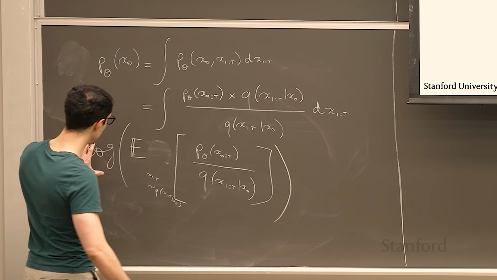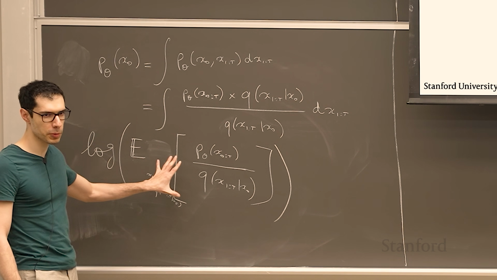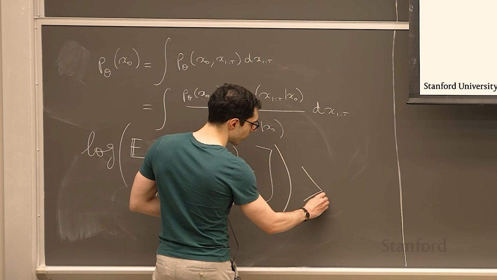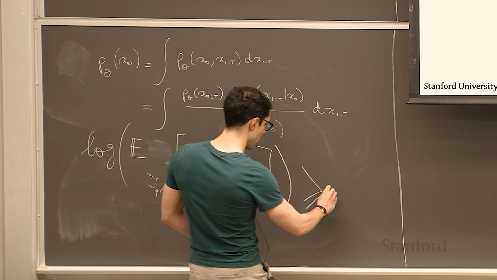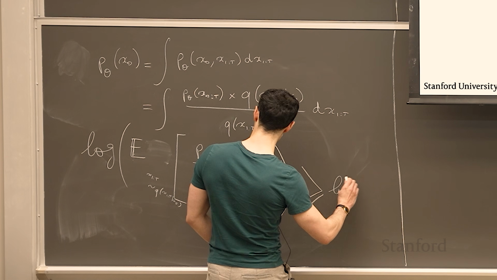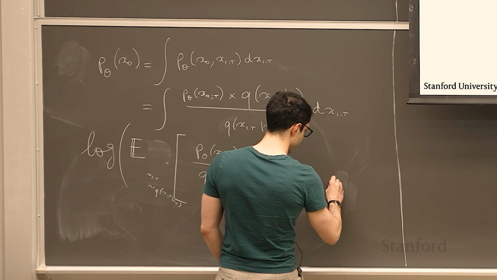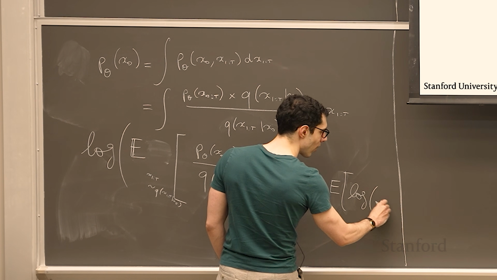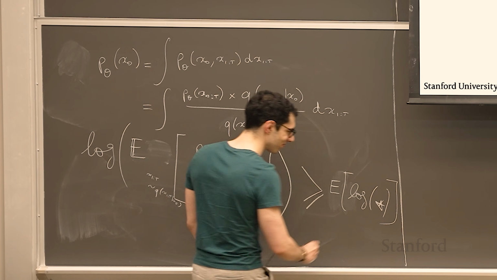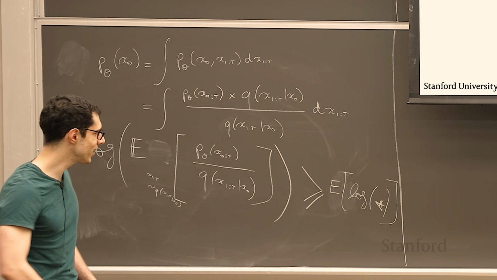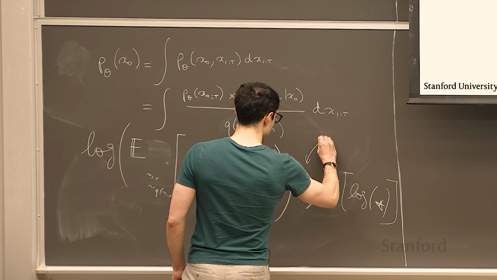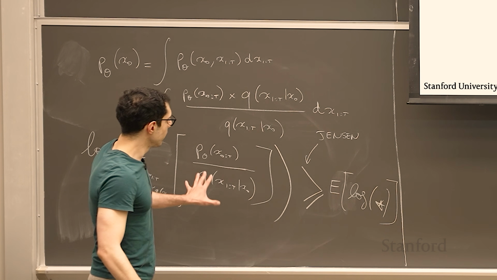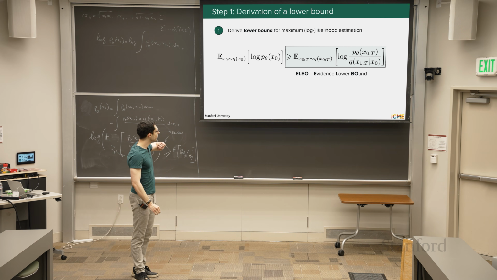So if you have the log of some expectation, it's actually something that is greater or equal than the expectation of the log. The expectation of the log. And now I'm not going to write this whole thing, but you know what I mean. So this is Jensen inequality. Jensen. And this is exactly what we get here.